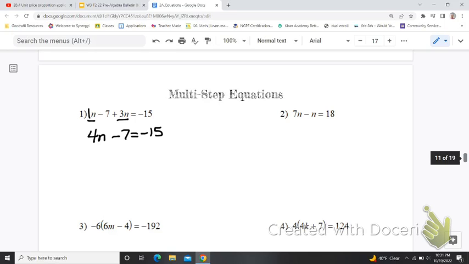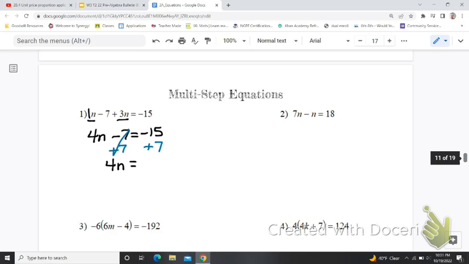Now we need to get rid of the 7, so to undo that subtracting of 7, I will add 7, because a negative 7 and a positive 7 make 0. But to do that on one side of the equation, I must do it on the other side of the equation so that my equation remains in balance and equal.